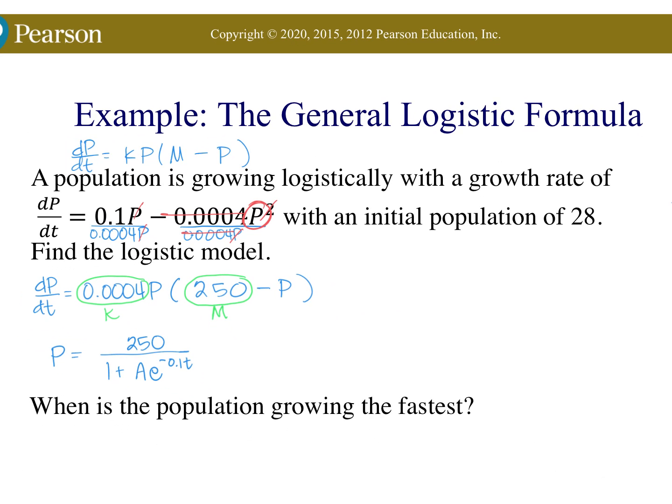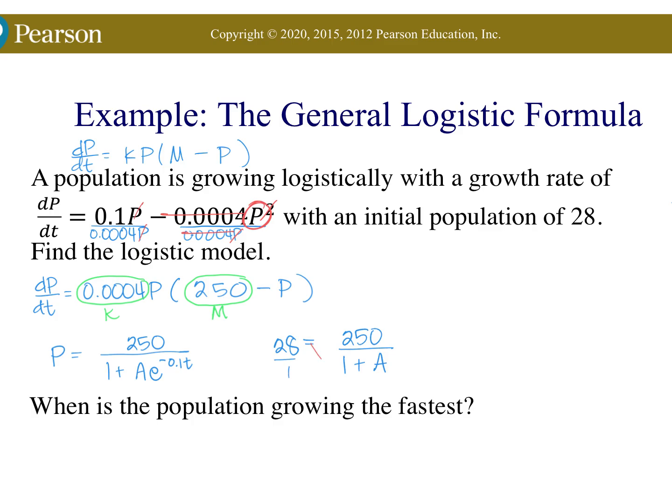How do I find that? Plug in 28 for p and 0 for the time. So 28 is going to go in for p, 250 over 1 plus a when I plugged in 0 for the time. We will cross multiply. Okay, put a 1 under the 28.